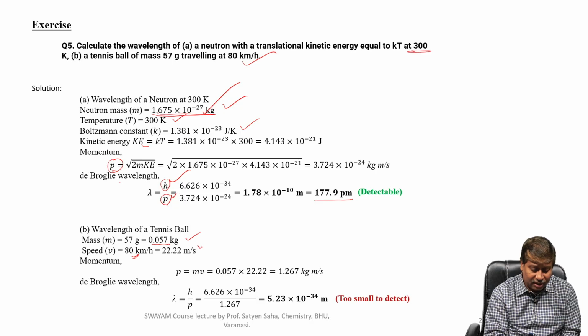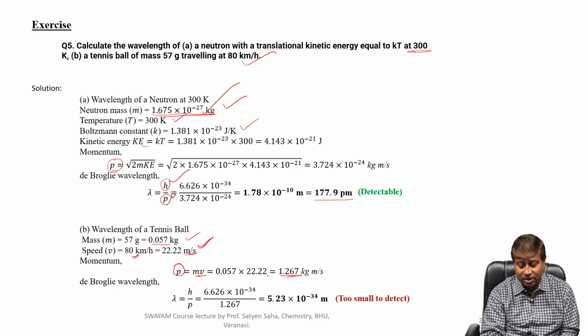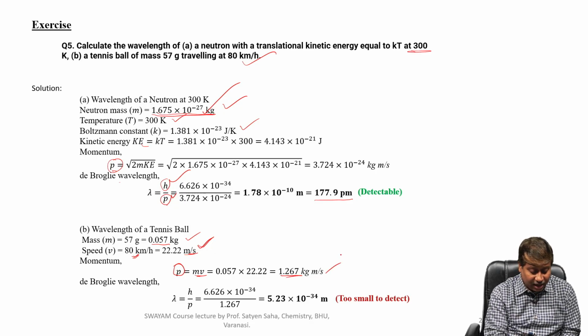You have to always convert the unit to meter per second, and then calculate the momentum, which is mv. This is 1.267 kg meter per second.